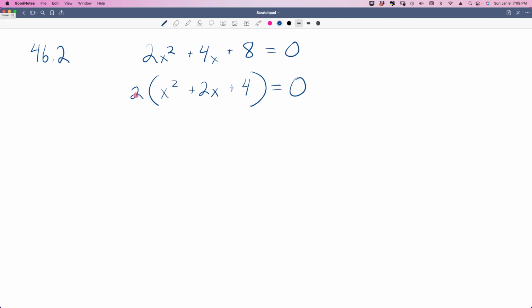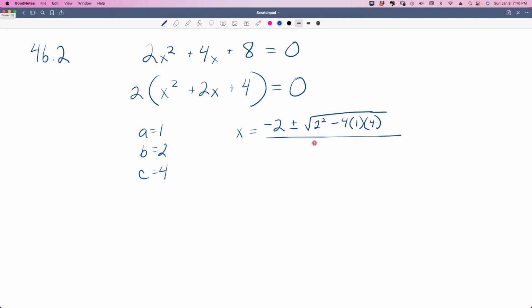So let's just do that. Because we've taken our lead coefficient out, our a is equal to 1, our b is equal to 2, and our c is equal to 4. So remember the quadratic formula: negative b plus or minus the square root of b squared minus 4 times a times c, all over 2 times a, which would just be 2.